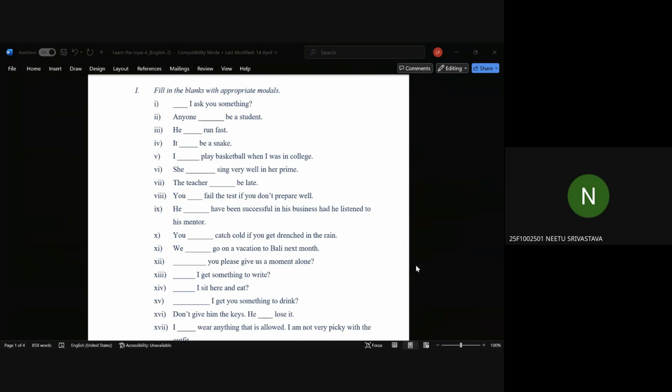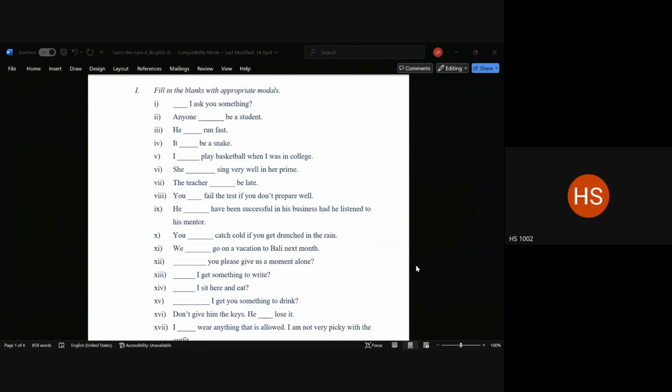Could. So among can and could, could is more formal, and among may, can, and could, may is the most formal. Can should be the least formal. Some people would say it is informal, but it's not that informal; you can say it is less formal. So may, could and can could fill the first blank.